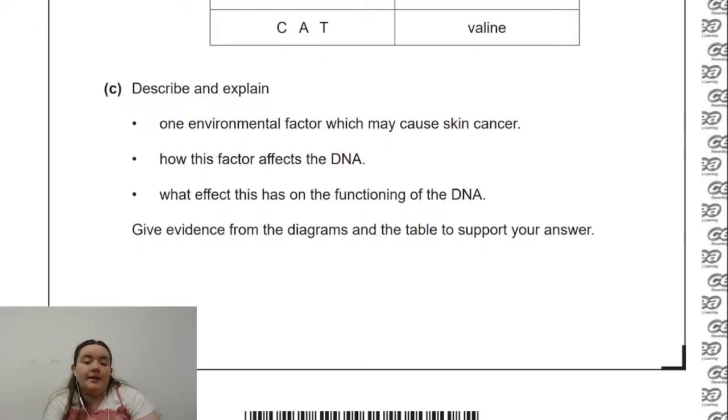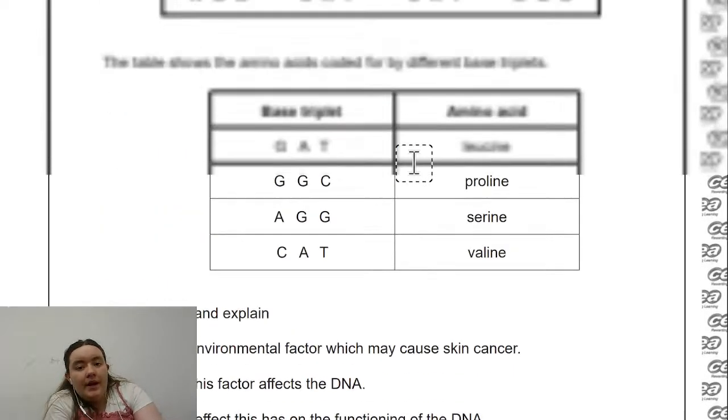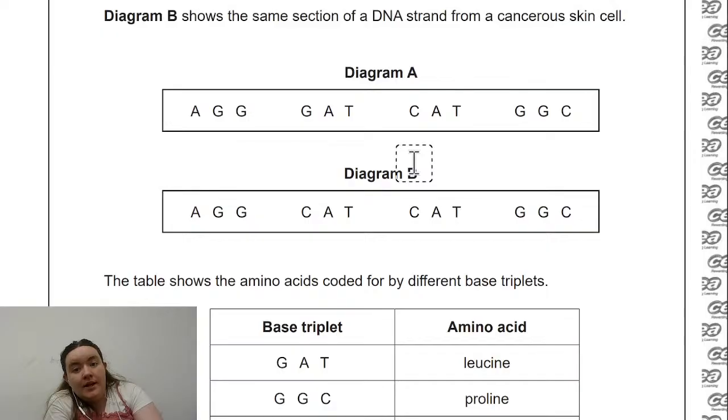So basically, the amount of sunlight, the amount of UV radiation, that a person is exposed to can affect their risk of skin cancer. The reason is that the energy from the radiation can damage the sequence of DNA, changing different letters.